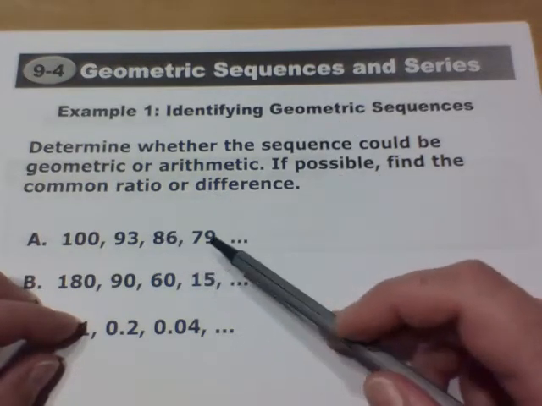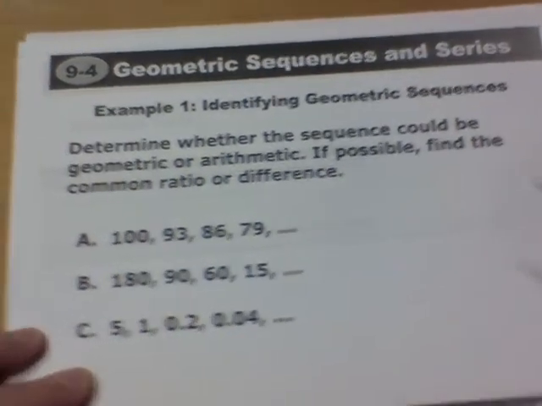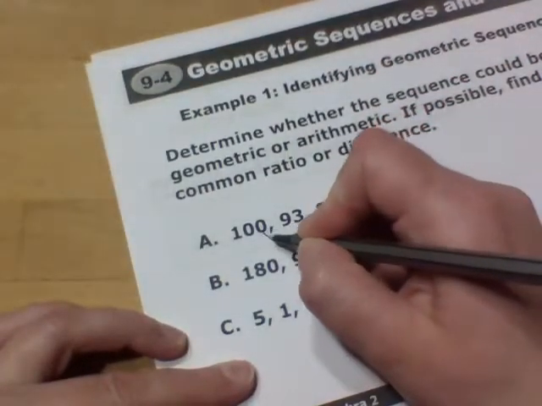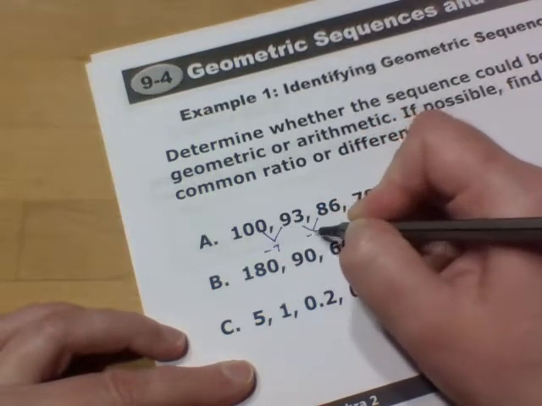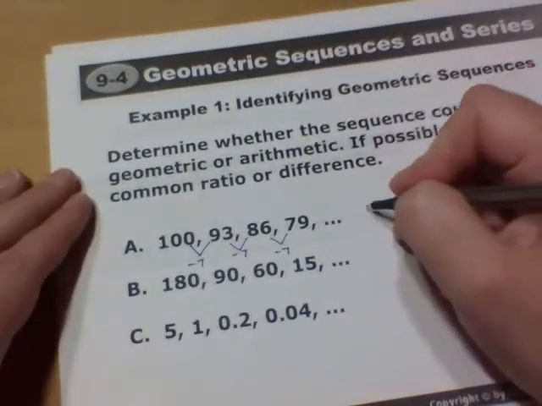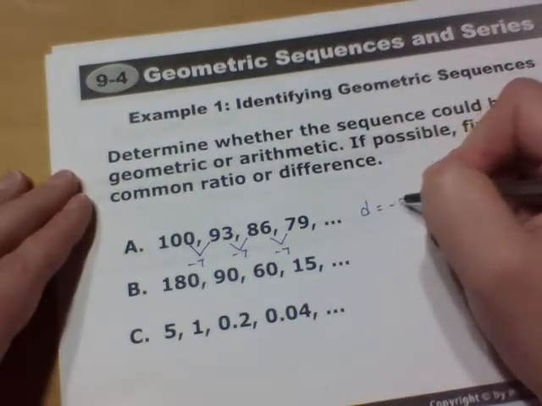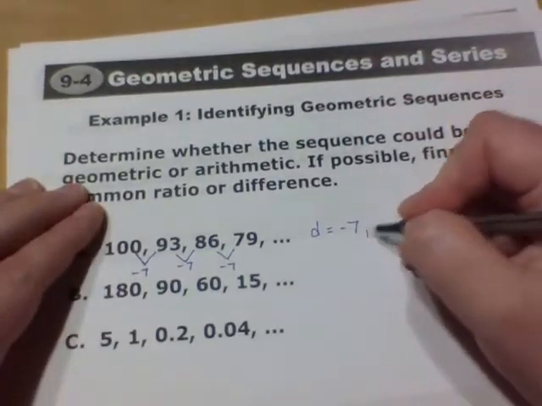And right here, it looks very much like we're going down by a little less than 10. So if I look at the difference between them, I am actually going down 7. So that means that our common difference is -7, and this happens to be an arithmetic sequence.